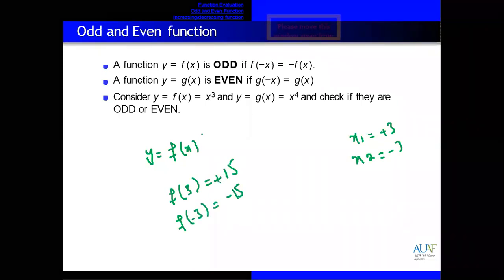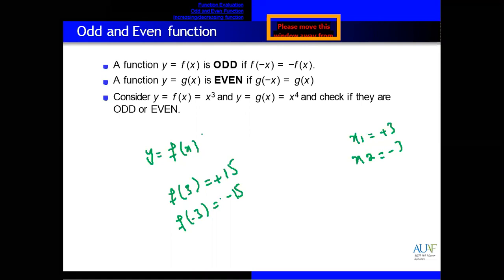One is plus, the second one is minus, but the values are the same. In an even function, both are the same, plus 4 and plus 4. But in this, with opposite sign, one value is 15, the other value is minus 15.